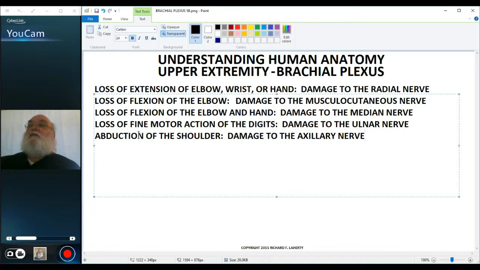So again, putting together the actions of the muscles in the compartments with the motor innervation to the compartments, you can work through clinical problems much more easily.